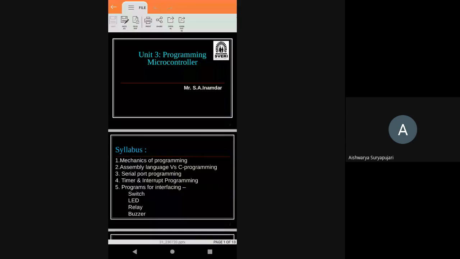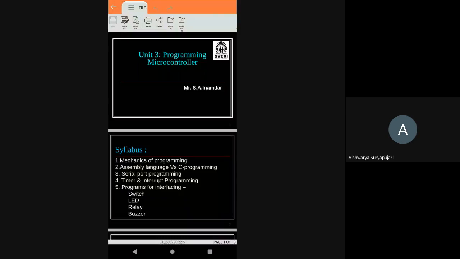How to do that? From now onwards, we are going to learn that. How to write a program, from simple to complex. And in that, we are going to interface the switch, LED, relay, buzzer.